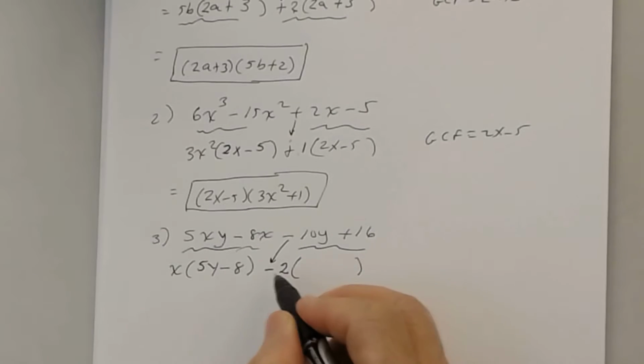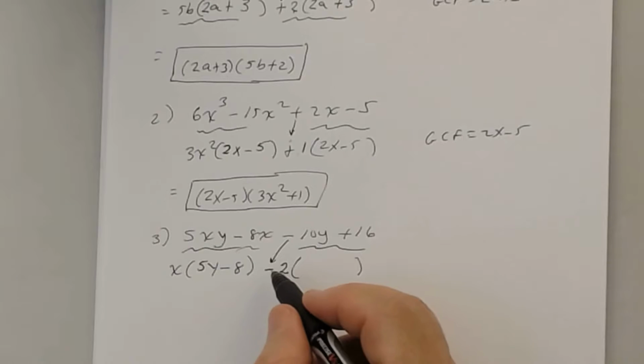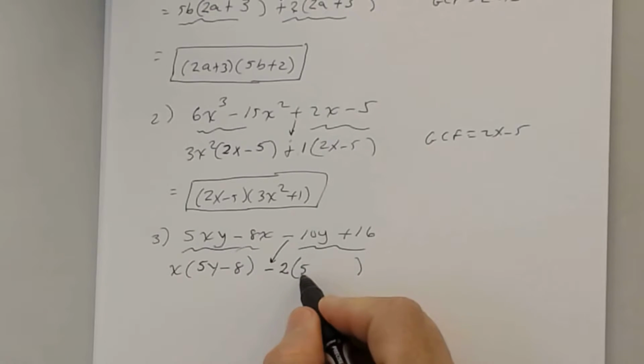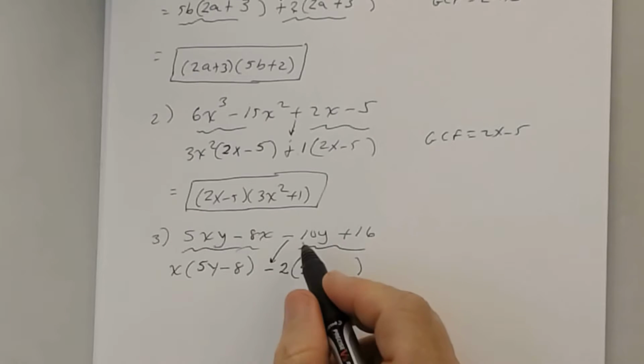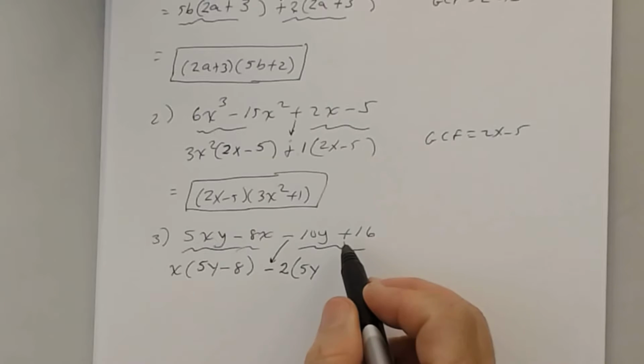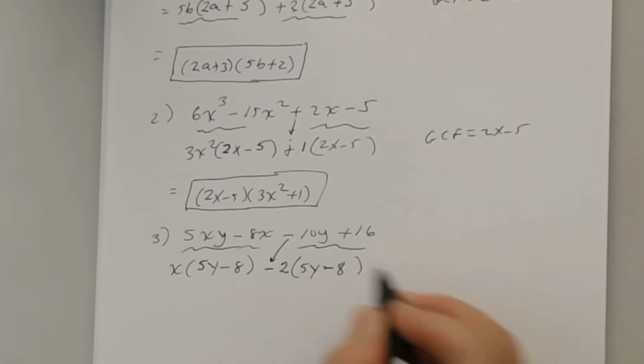And now, remember, it's negative 2. You factor it out. So negative 2 times what is a negative 10y? 5y. Negative 2 times 5y is negative 10y. Negative 2 times what is a positive 16? Negative or positive? Negative 8.